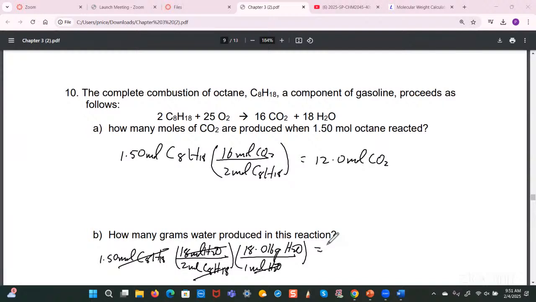So let's see what that gives. 1.5 times 18 divided by 2 times 18.016. And according to my calculations, I got 243 grams of H2O. All right. Okay. Any question about it? Any question?